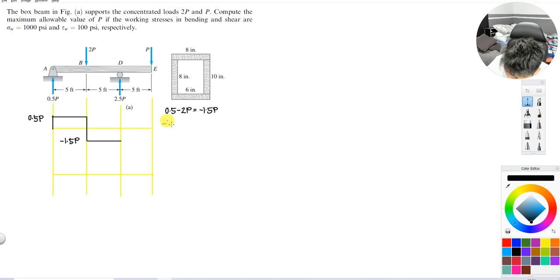Angat ako, negative 1.5 of P. Okay, plus 2.5 of P equals to P. So, I have here that P. And walang ibang load, baba ako ng P. So, you can have it at 0. So, this is now my shear diagram.